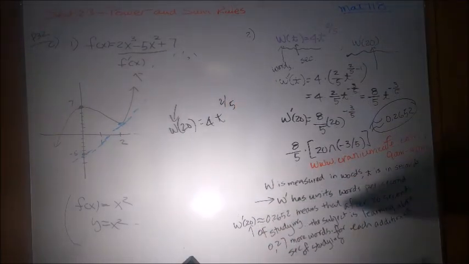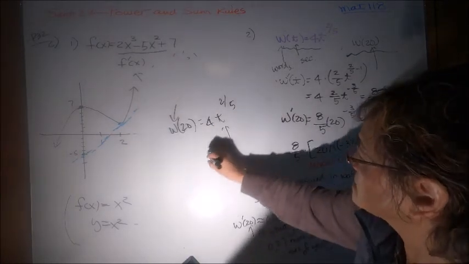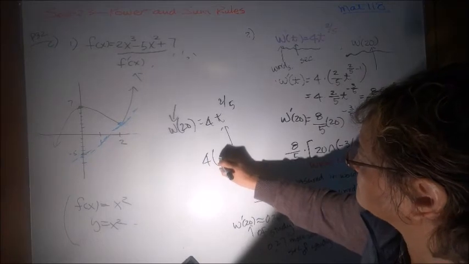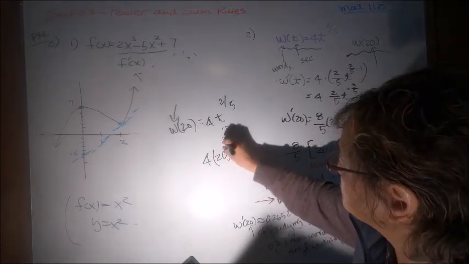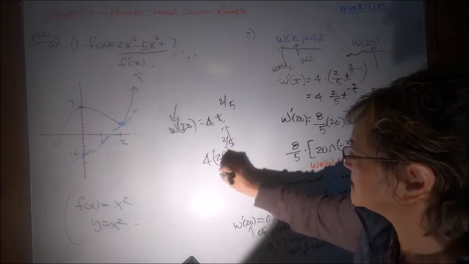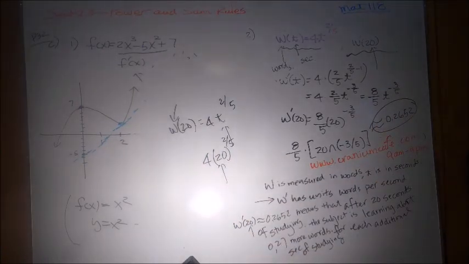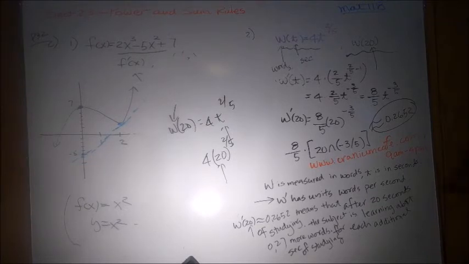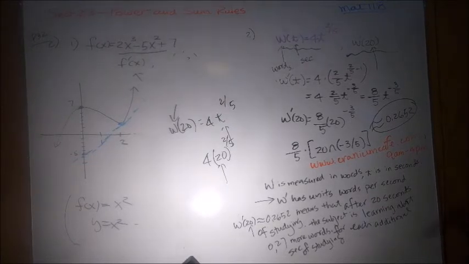It's learning, right? So you plug in here. So 4, then 20 to the 2/5. You get this answer. That means at that time, you can learn so many words at a time. But after that time, after the 20th second, you have a tendency to do what?